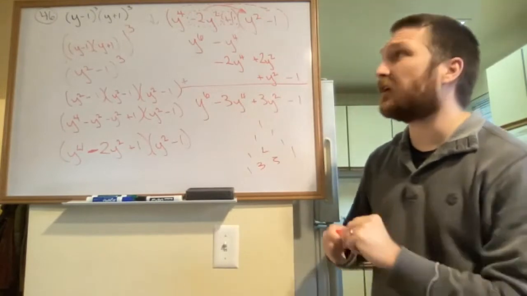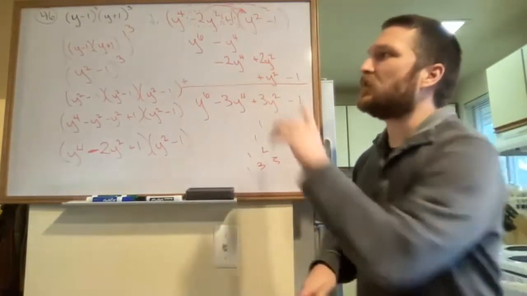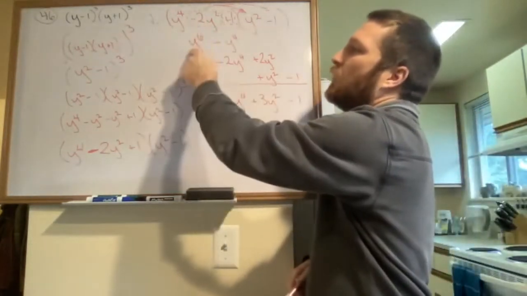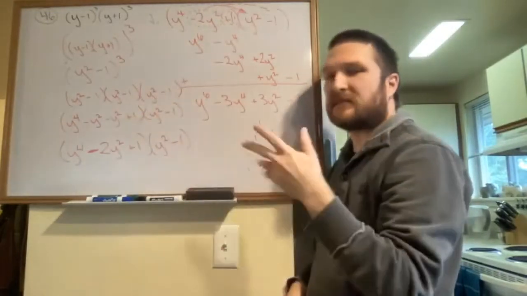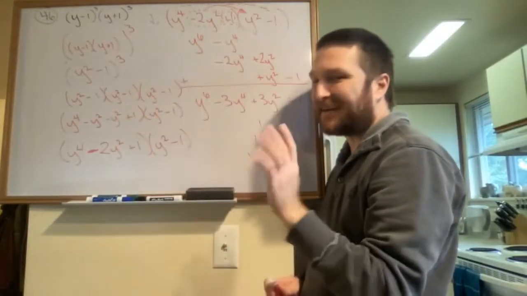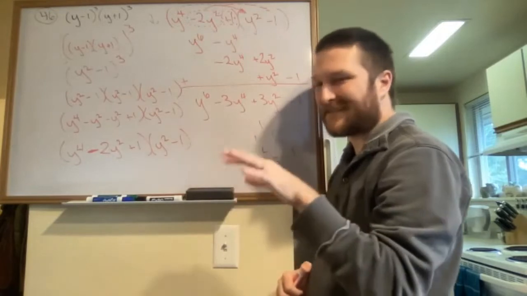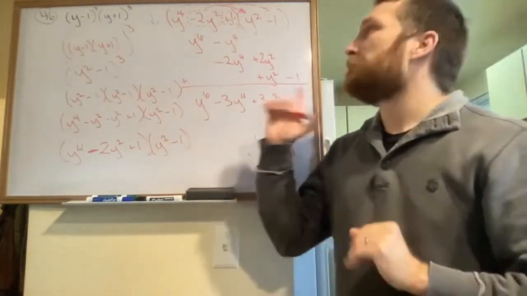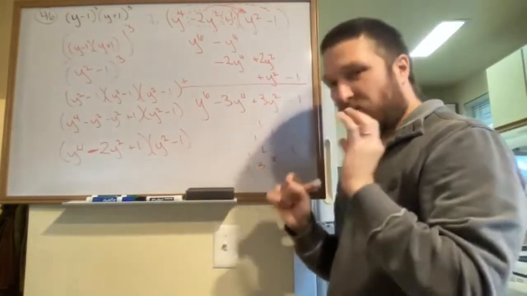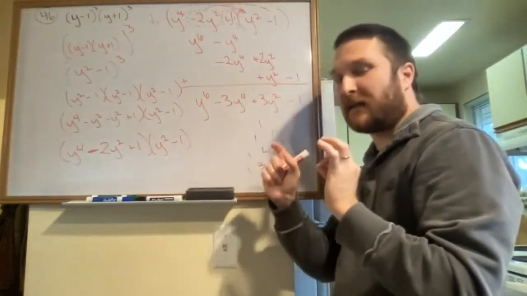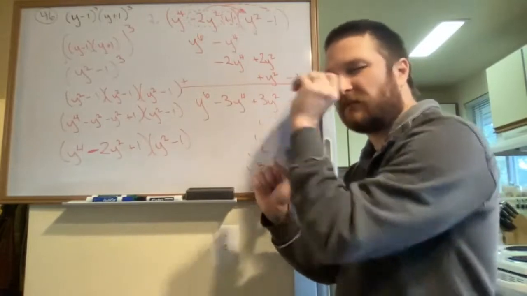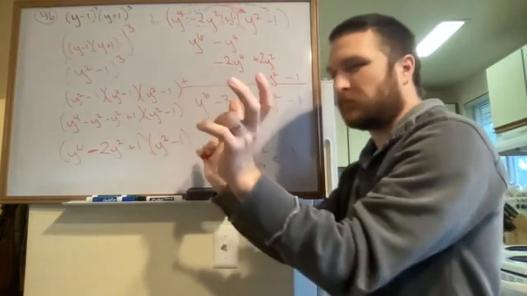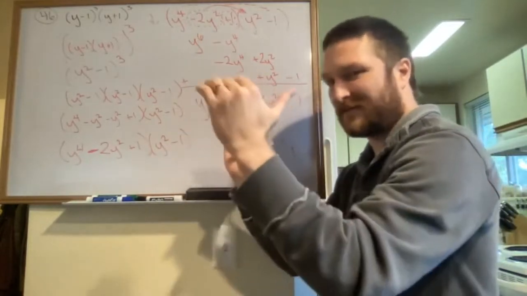So be careful, because I noticed you had this times that gave you a y to the 8th. That's an honest mistake. I've made that mistake a billion times myself. Just try to imagine what this means: 4 y's and 2 y's, and I'm multiplying them together. I have a total of 6 y's.